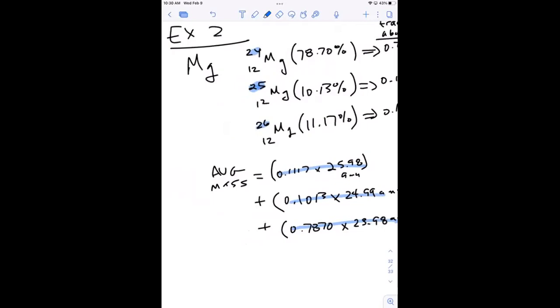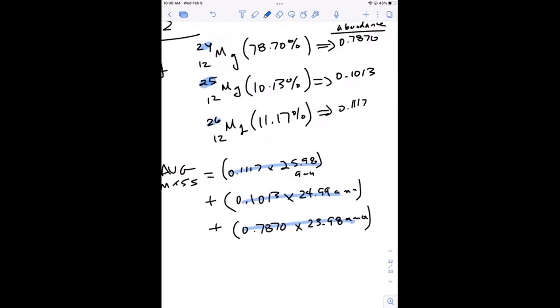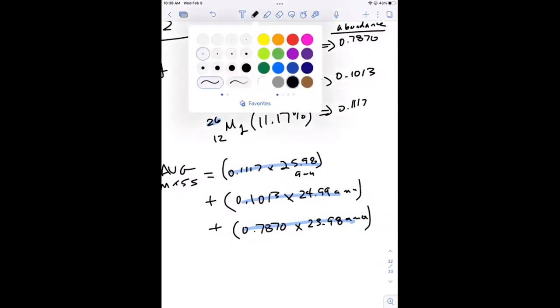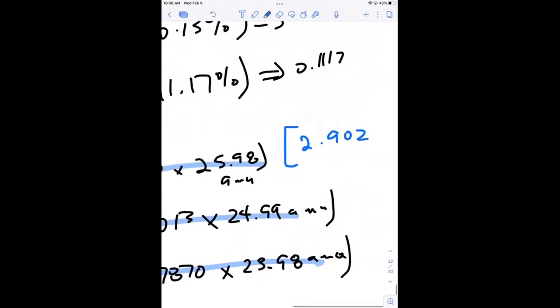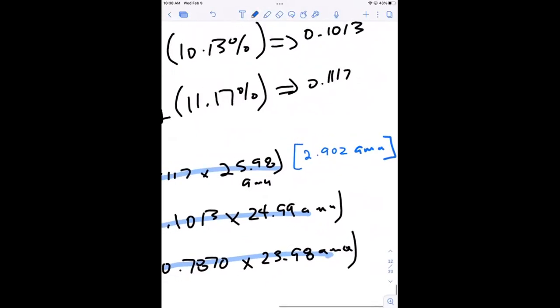All right, anybody got those calculated? The first one is 2.902. Okay, and that's in AMU. Right? Yes. Keep our units straight. Okay, what about the second one?